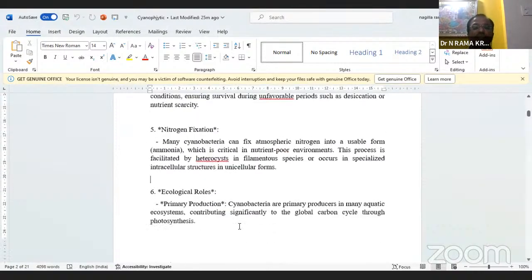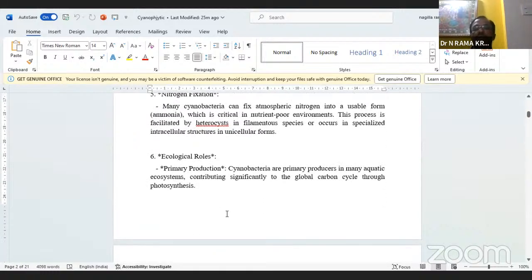So next now you see here the ecological roles. The primary production: cyanobacteria are the primary producers in many aquatic ecosystems, contributing significantly to the global carbon cycle through photosynthesis. So this means cyanobacteria play a major role in the environment.